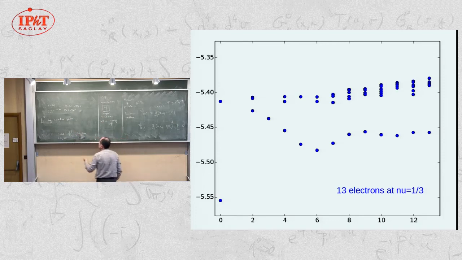So the total degree is 2S. If now you have NE electrons living on the lowest Landau level, it means that the total degree of the wave function for n electrons should be then 2S times the number of electrons.